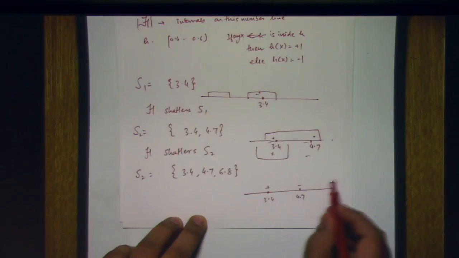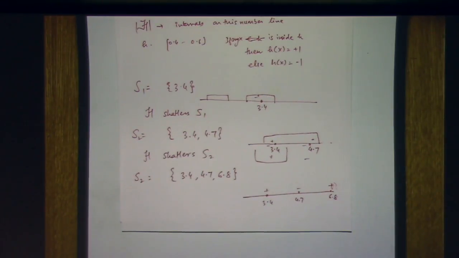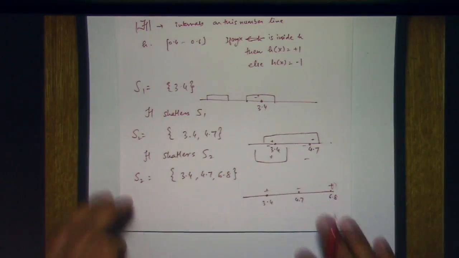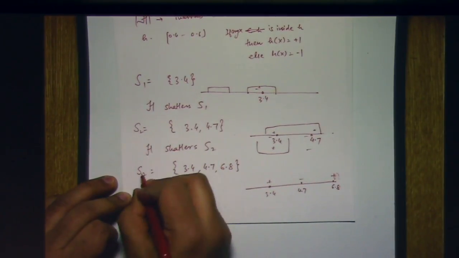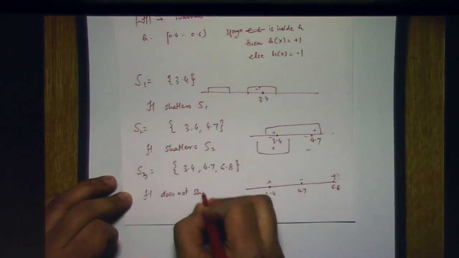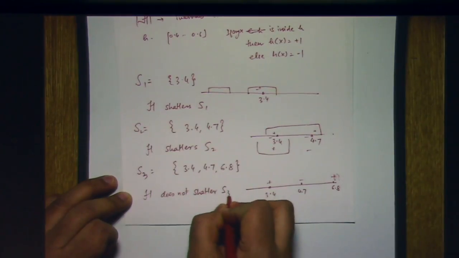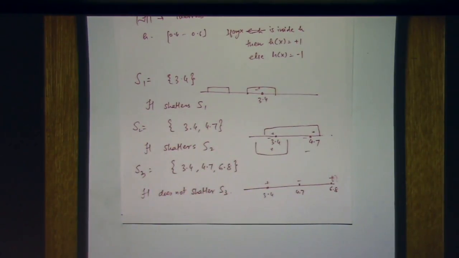Because it has to include both of them and then this will get misclassified. So it turns out that H, let's call it S3, does not shatter S3, right? So the notion of VC dimension is that it tries to find the biggest subset that can be shattered by that hypothesis space, and that is the VC dimension of that hypothesis space.